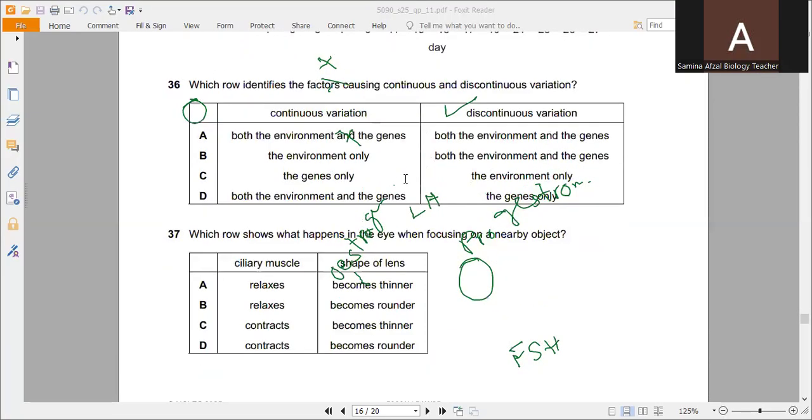Question number 36. Which row identifies the factors causing continuous and discontinuous variations? You know that continuous variation includes traits like height or skin color that show a range of values. So you can say they are polygenic.